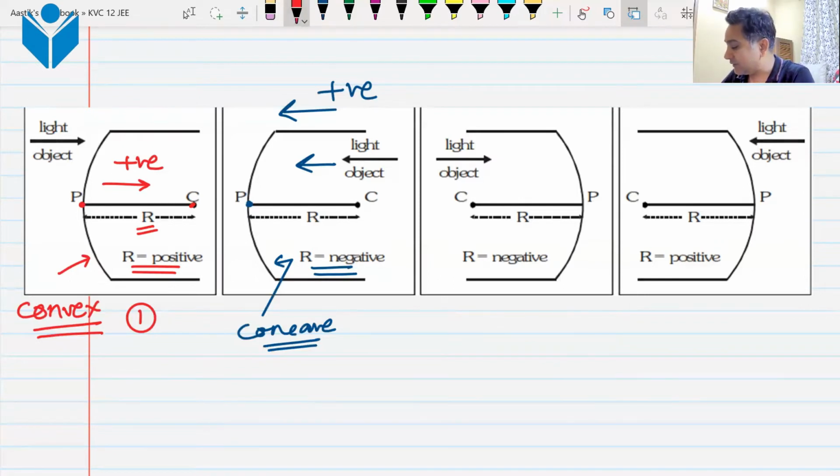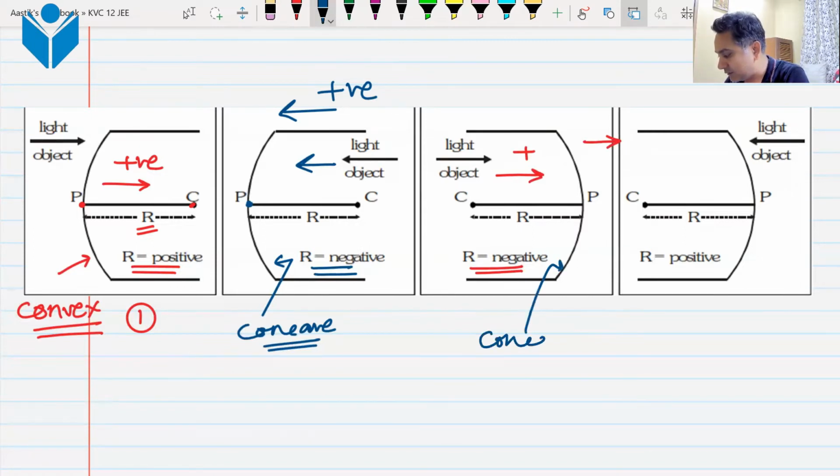Similarly, look at here. If the light comes from here, this side is positive, so everything going in this side is positive. In this case, this R is negative, so this is behaving like a concave surface. This surface behaves like a concave, and this surface behaves like a convex.